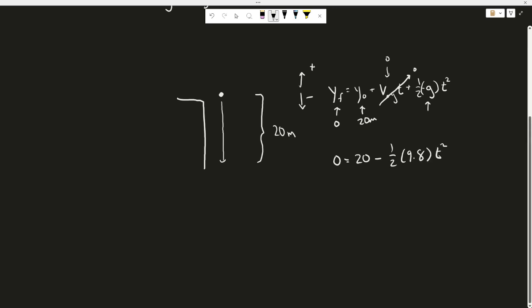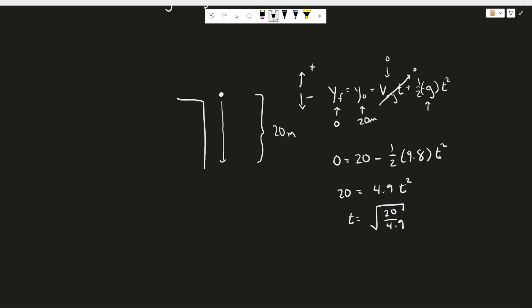And it's at this point that we can solve for t, because it's our only unknown variable. So we would get 20 equals 4.9 t squared. So t is equal to the square root of 20 divided by 4.9. If we plug this into a calculator, we'll see that this gives us about 2.02 seconds.